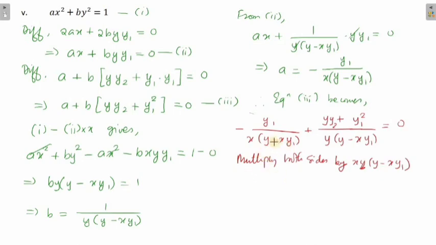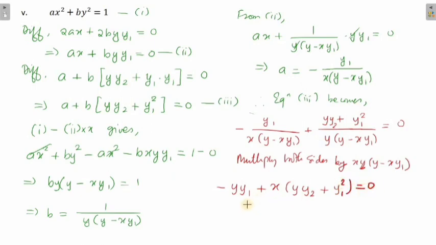So when you multiply by this quantity both sides, here this and x and this gets cancelled, so only y is left. So you get minus y y1 plus, this much gets cancelled, so only x is left. So we get x into y y2 plus y1 square equals to 0, isn't it?